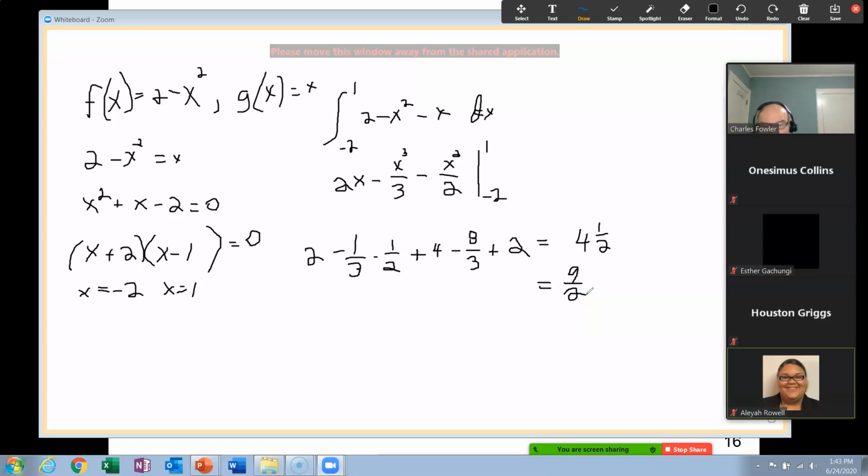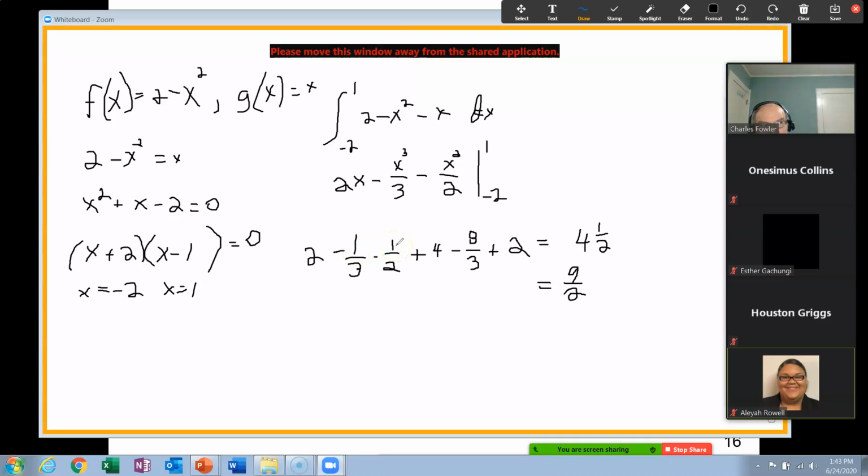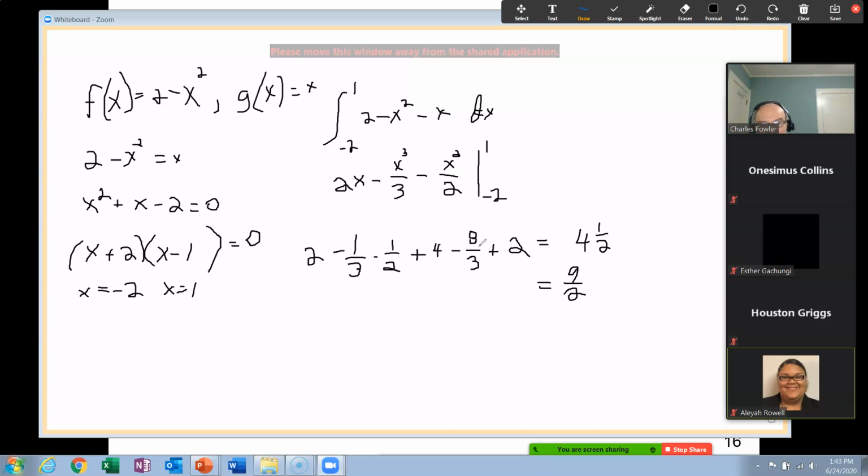Okay? Now, the other way to do this was to get everything to 6. That would be 12/6 minus 2/6. That would be 10/6 minus 3/6 would be 7/6 plus 24/6 would be 31/6 minus 16/6 would be 15/6 plus another 4/6 would be 9/2... I mean, whatever.